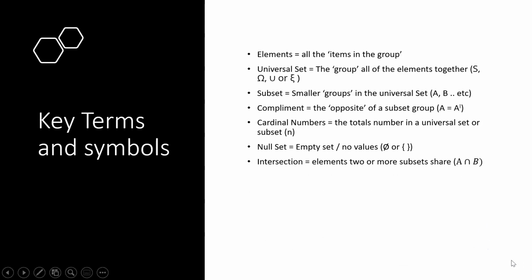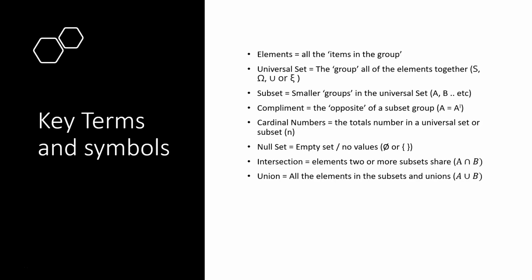The intersection, when you're thinking of your Venn diagrams, is that middle bit where the two circles overlap. And the symbol we use is there. So remember, the intersection symbol looks like an N. And the union, that's all the elements within both of the circles. And remember, Venn diagrams can be more than two circles, okay?